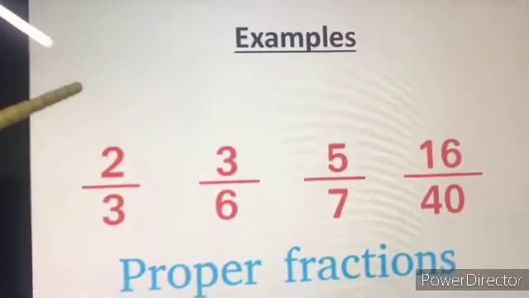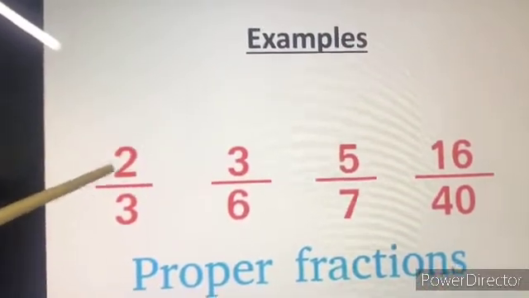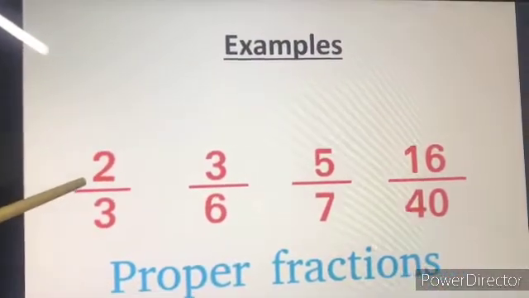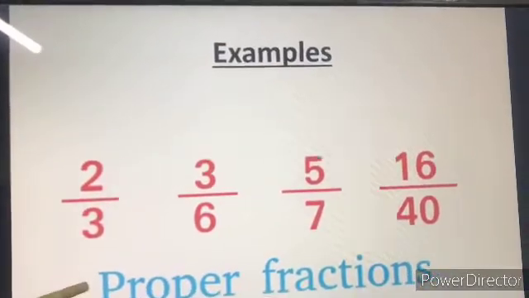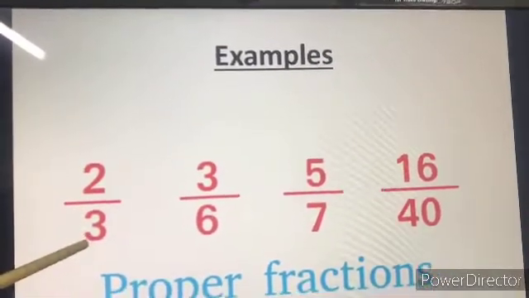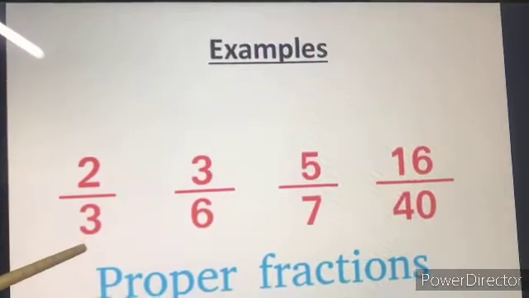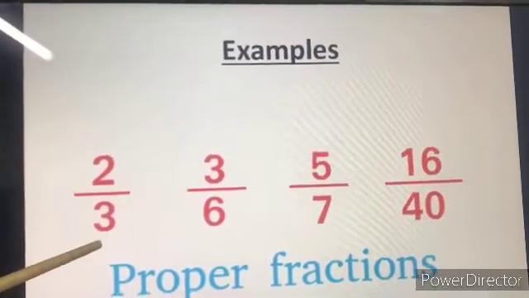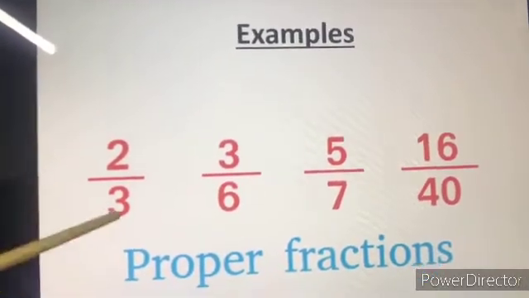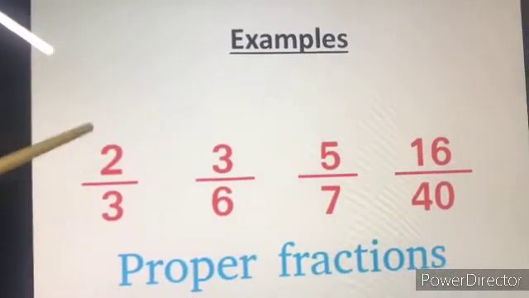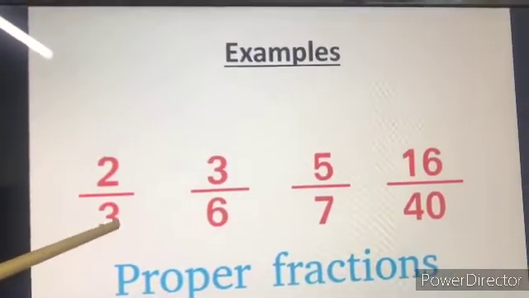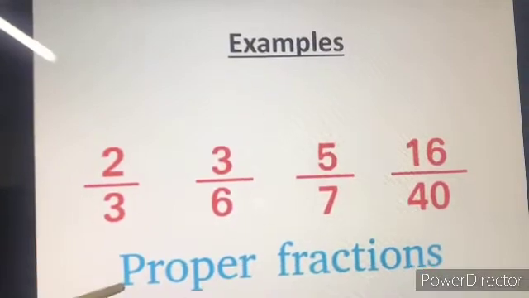Now, quickly tell me, what is this part known as? Excellent, numerator. And what about this one, the down one? Excellent, denominator. So, because the numerator is less than the denominator, it will be a proper fraction.